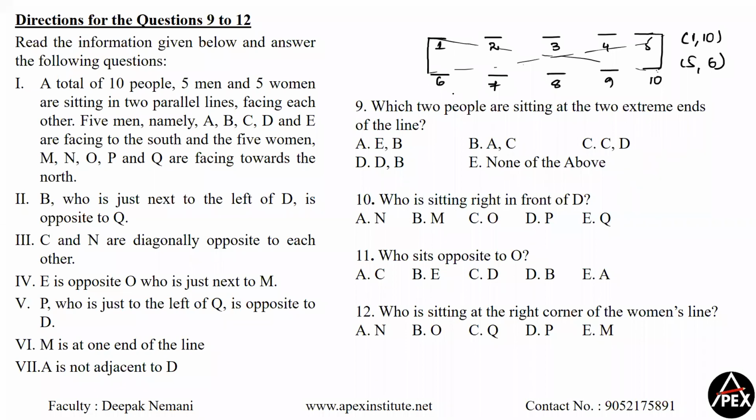So we will have only two diagonally opposite pairs, 1 and 10, and 5 and 6. Some of you are sending me the arrangement, some are sending me the answers.